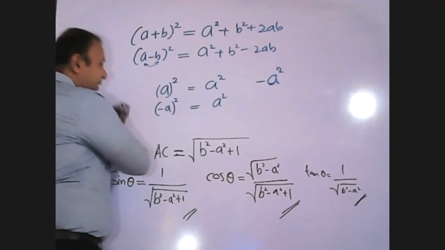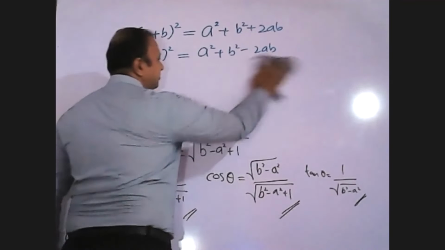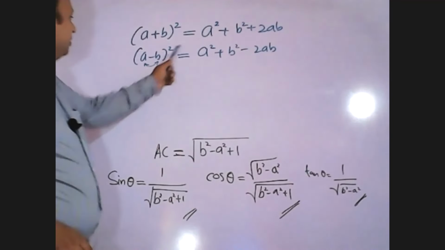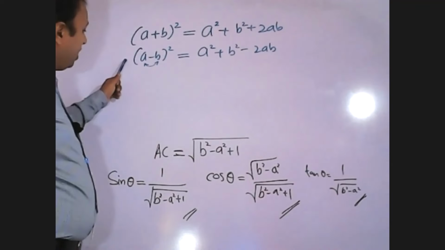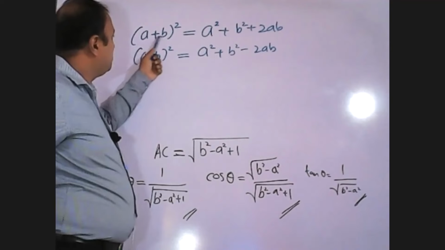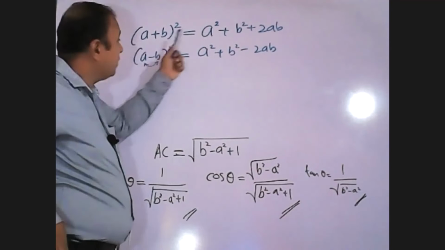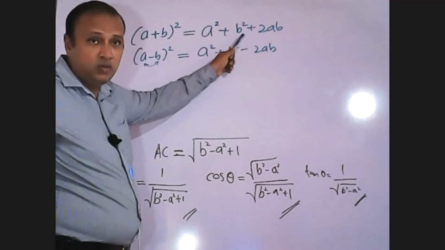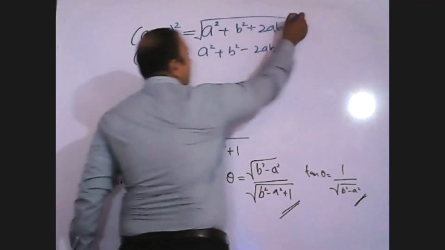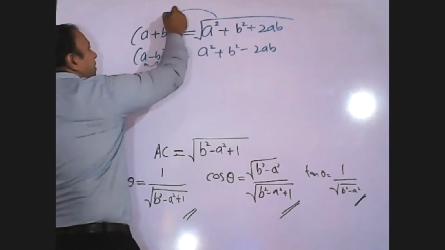Okay. The other thing is this one. If you take a plus b squared, you will have this one. So if you take the square root of this one, you will have this.